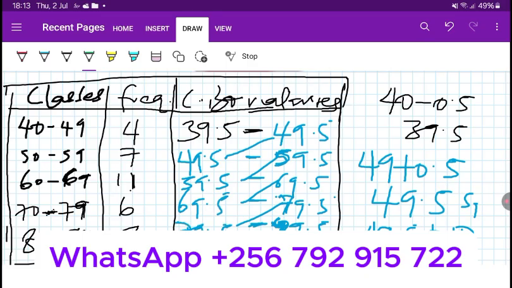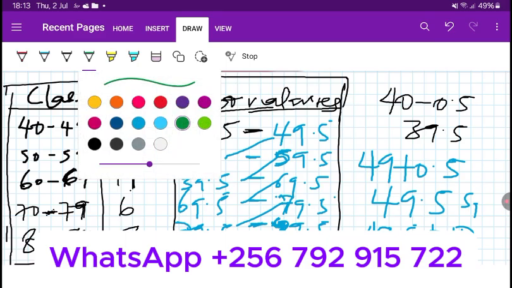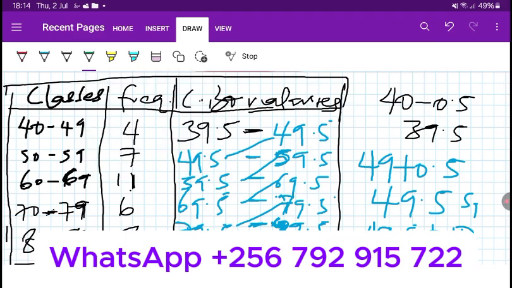Because we are trying to remove the points. But now when we are drawing the curve, we take these values here, the ones on our left hand side. But I told you, we don't take them, and I'm just giving you a shortcut. Just draw something like 7 like this.